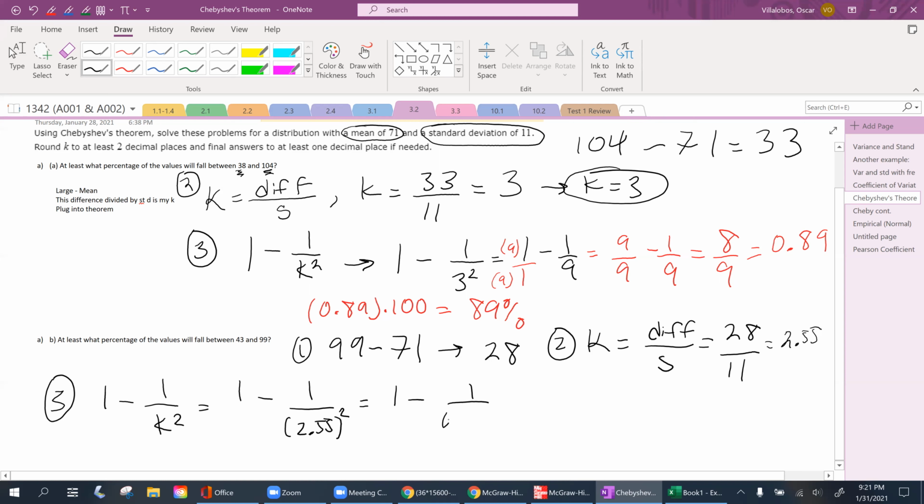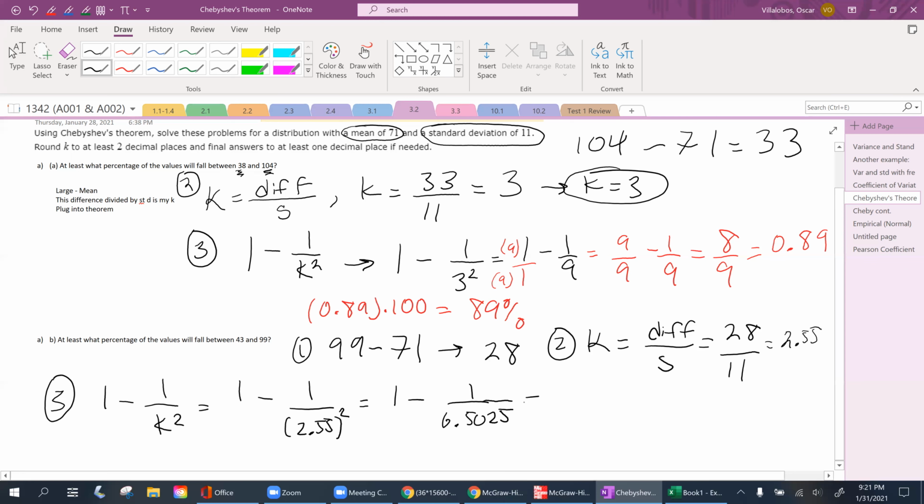That gives me 6.5025. And yes, for parts like this, where it's 1 minus 1 over 6.5025, please use your calculator. I don't want you taking too long simplifying this, so please definitely take advantage of your calculator.